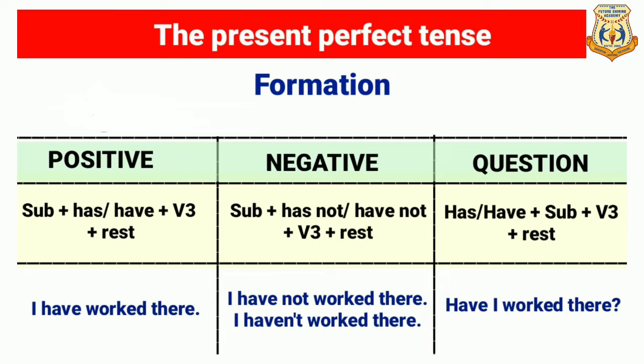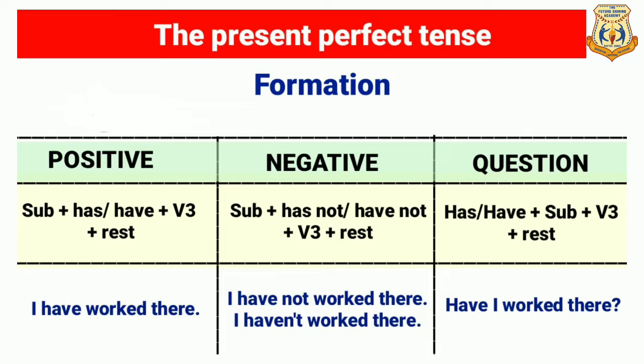So now you can see the example. In positive case, we'll say I have walked there. In negative case, we just have to add not, N-O-T, after has or have, and we'll say I have not walked there or I haven't walked there.